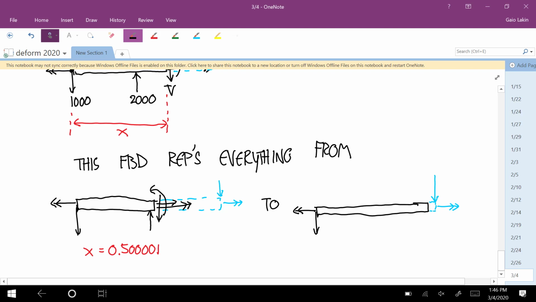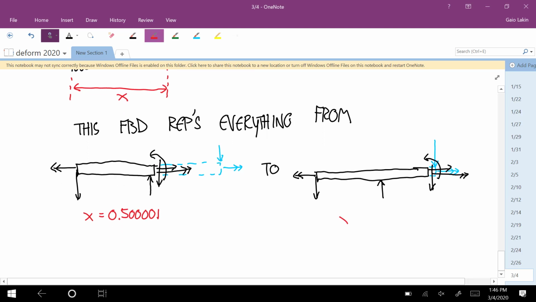We still have the force from the roller here. We still have the internal loads. And what's X equal to in this picture? Yeah, exactly. It's just right up until you get to that end.